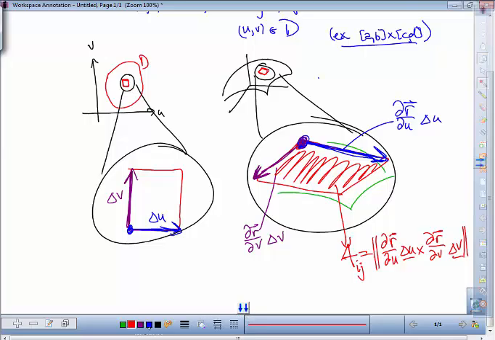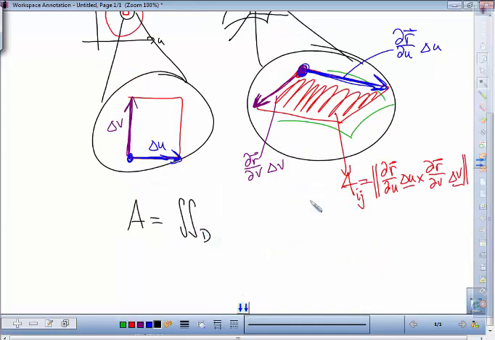So the total area then is going to be basically the double integral over the region D, and this is the original region that we're looking at, of the magnitude of the cross product of the derivatives with respect to the two variables, u and v in this case, or it could be r and theta, or it could be x and y, it could be phi and theta.